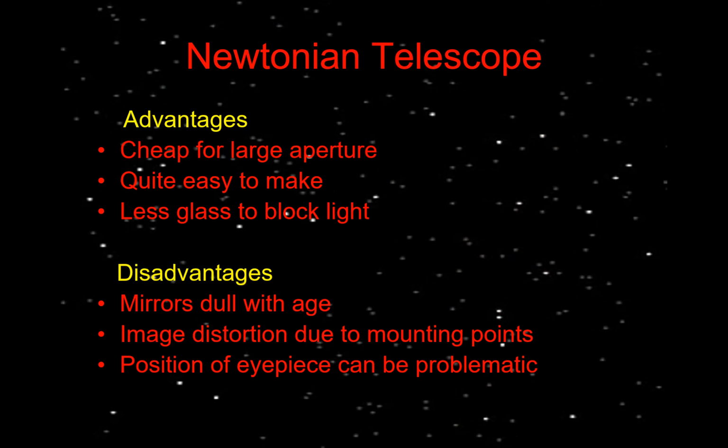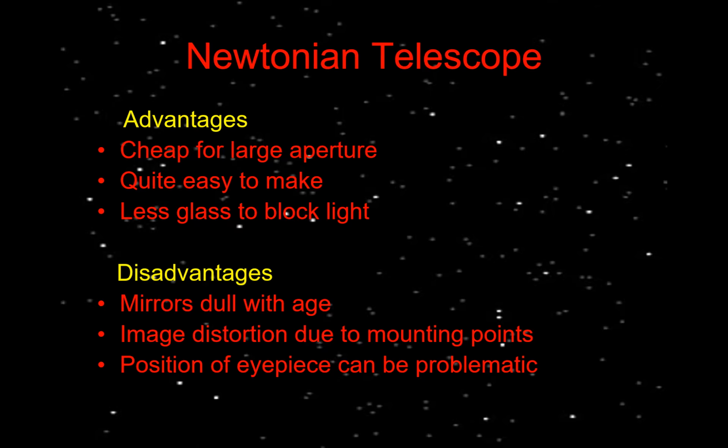So in terms of Newtonian telescopes, they had some advantages. You can build a large telescope quite cheaply. They're relatively easy to make, and you don't have so much glass in them blocking and scattering light as you do in a refracting telescope. There are some disadvantages, however.